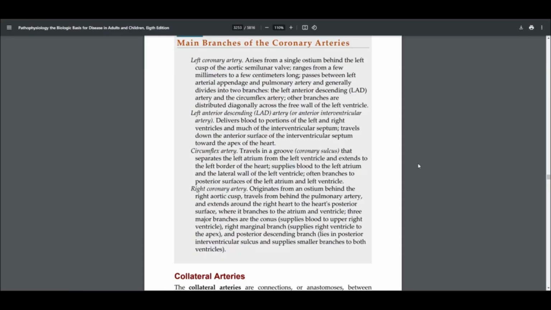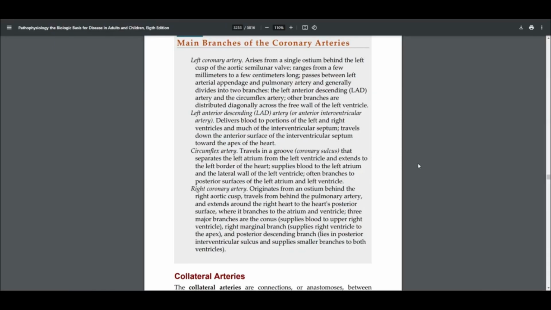It passes between the left atrial appendage and pulmonary artery and generally divides into two branches, the left anterior descending, or LAD, artery and the circumflex artery. Other branches are distributed diagonally across the free wall of the left ventricle.